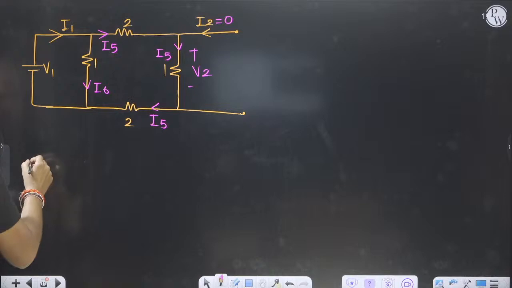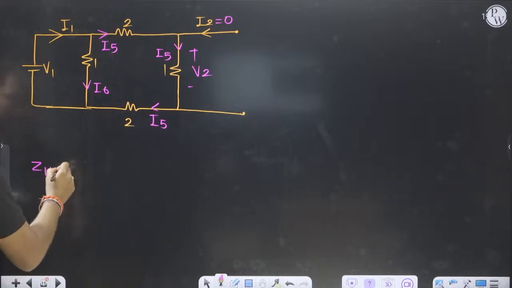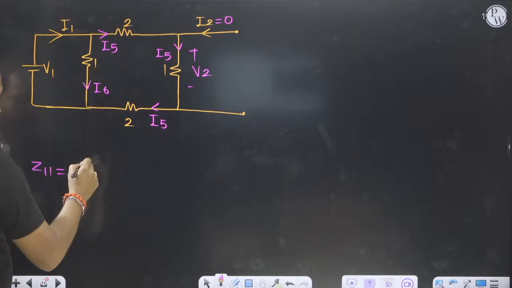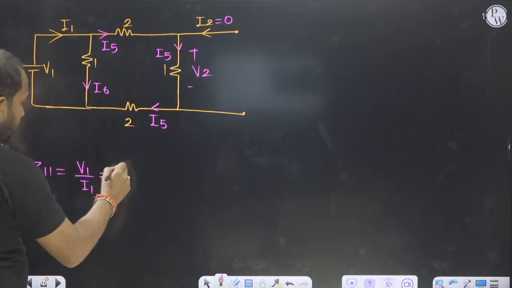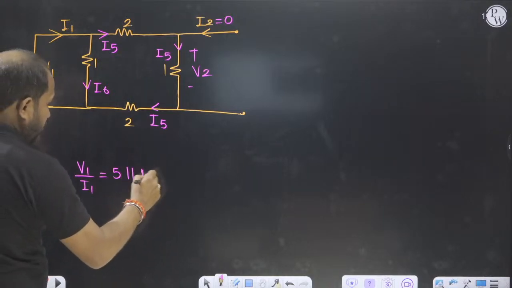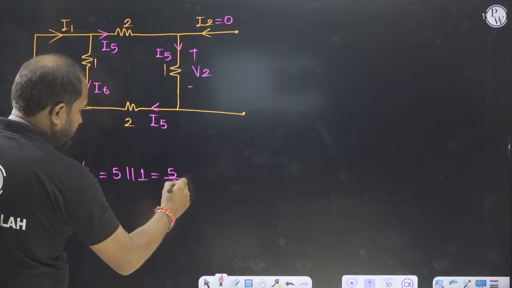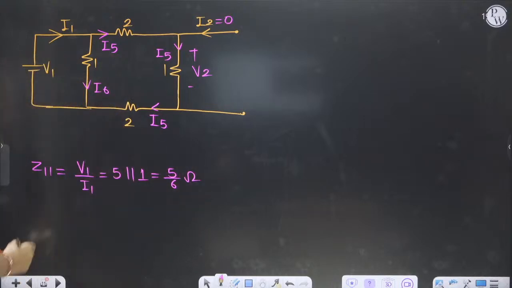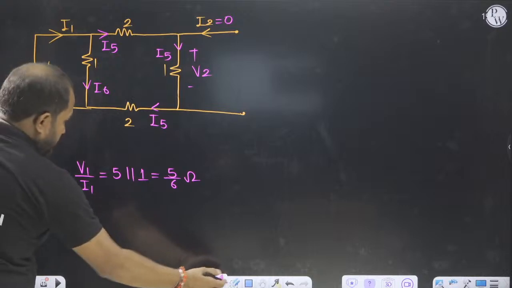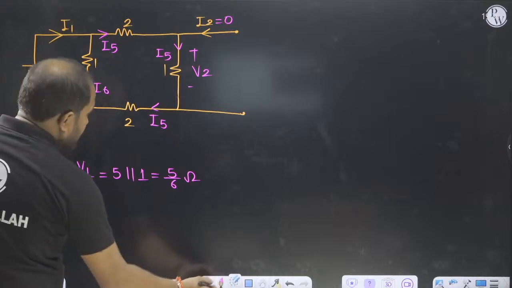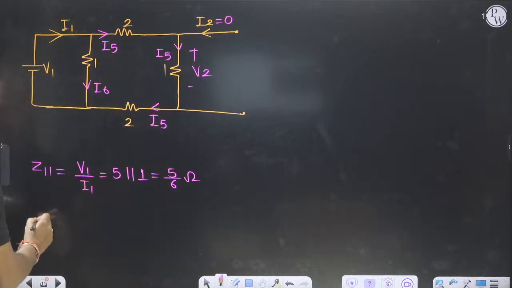Parallel 1. So Z11 is V1 by I1, which is equal to 5 parallel 1, that is 5 by 6 ohm. From symmetry you can find out also like this. For Z21, you will find out I5.